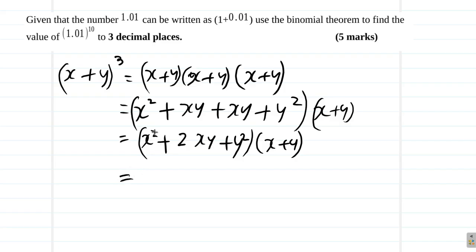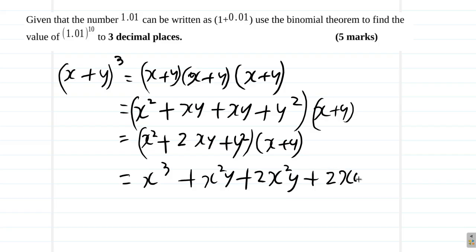Now this is x squared times x, which is x cubed, plus x squared times y, which is x squared y, plus then you have 2xy times x, that will give you 2x squared y, plus 2xy times y, that will give you 2xy squared, plus then you have y squared times x, that will give you xy squared, plus then y squared times y will give you y cubed.